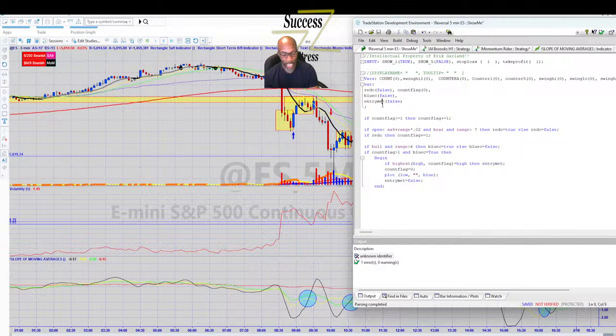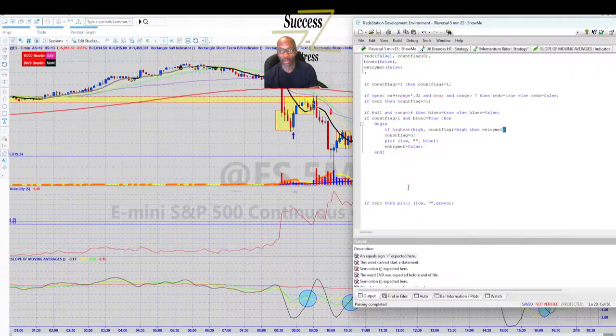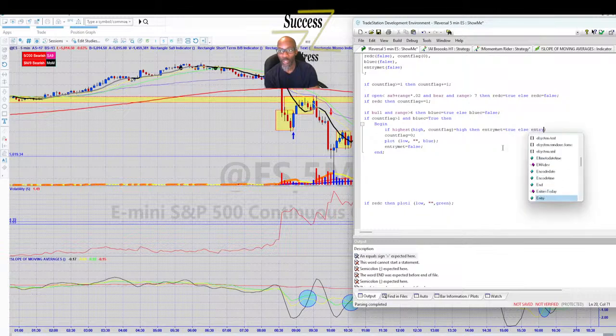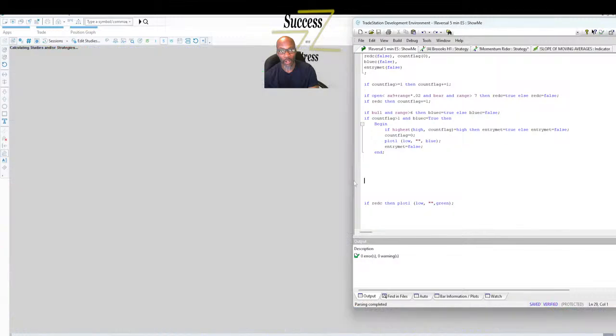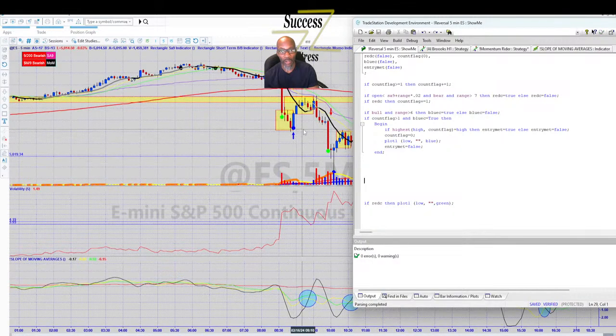Oh, I do have to put equals true, else entry met equals false. Plot 1. Oh, we could have kept that. That's just plotting the beginning bar. Now we're plotting the end bar. Okay, perfect.